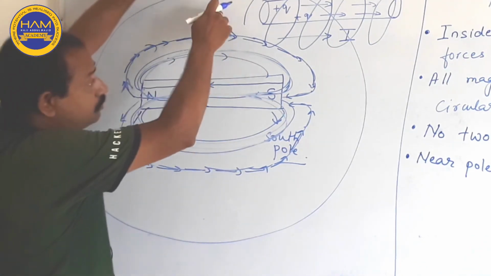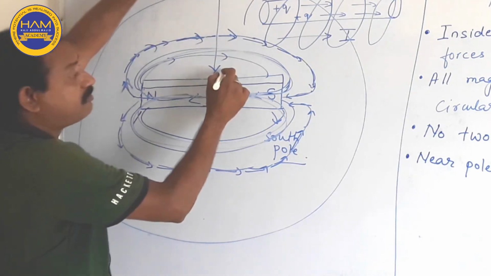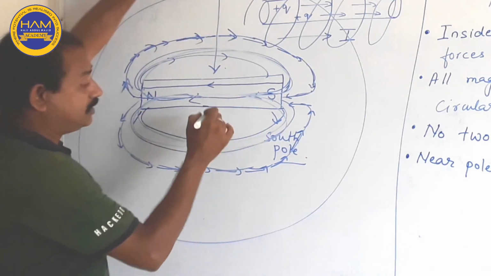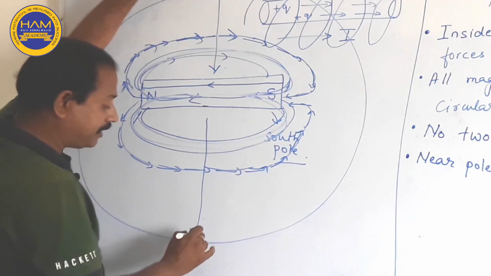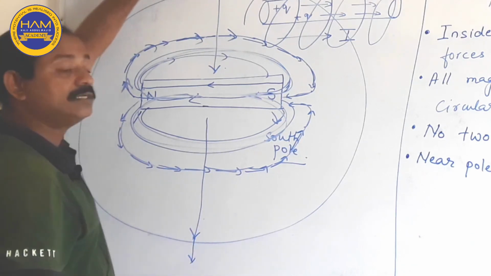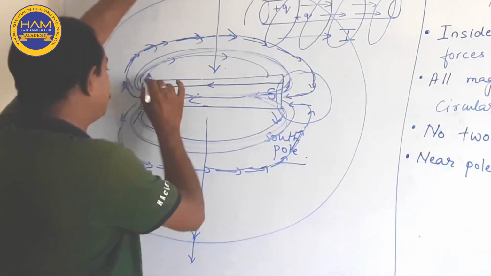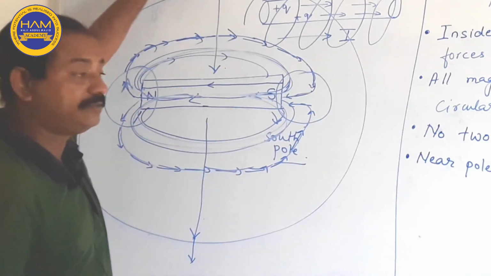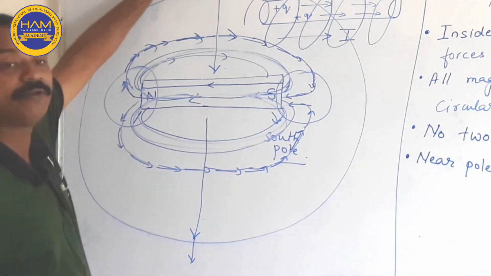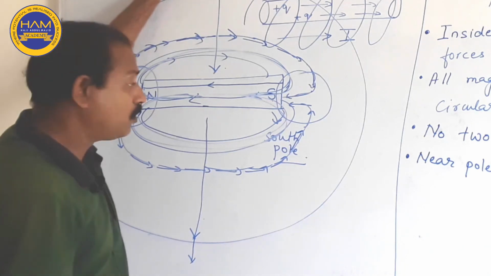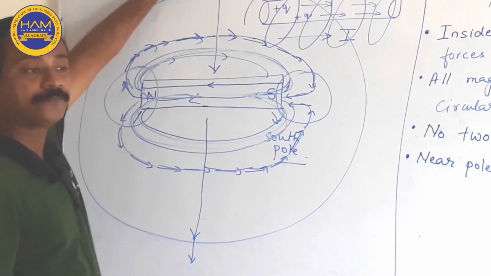The more we come towards the magnet, we have a very strong magnetic field, and the further we go out, the magnetic field decreases. Similarly, at these two polar points we have a very strong magnetic field. Now the question is, what happens inside the magnet?